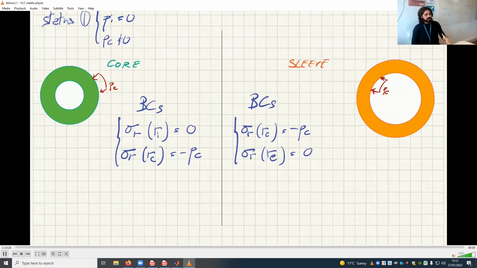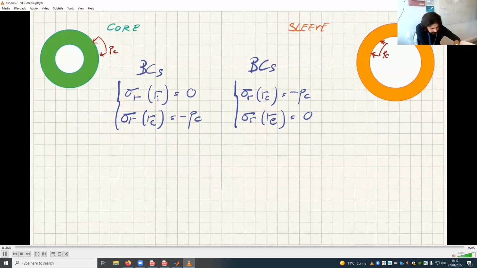So if you solve this, you can find A and B for the core and A and B for the sleeve. So you'll find A1, B1. So let me write these equations here in terms of A1 and B1. Apologies, I'm very uncomfortable writing on the left-hand side because I'm left-handed, so my hand just drops over the thing. So I'll draw them here and then I'll move them on the left-hand side. Okay, cheers, sorry.